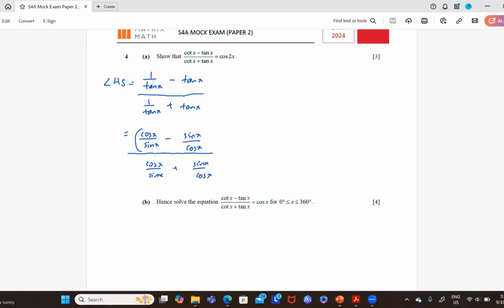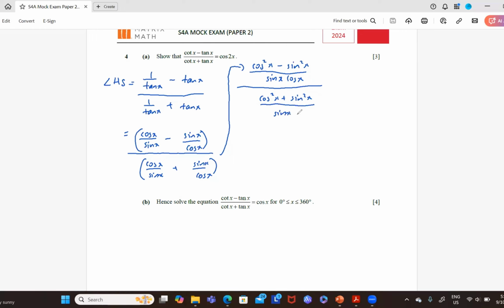Okay, so what you want to do is turn this into one singular fraction and turn this into one singular fraction. So this will be cosine squared x minus sine squared x over sine x cosine x, over cosine squared x plus sine squared x over sine x cosine x.